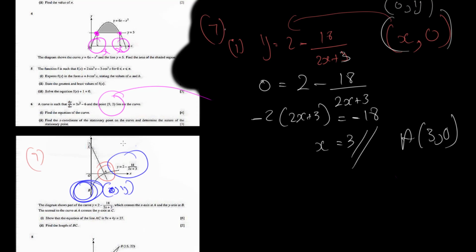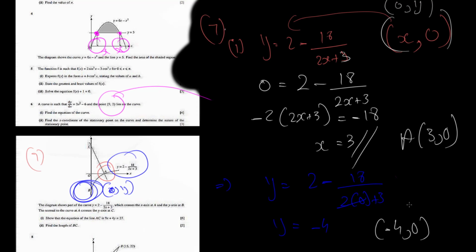So y is equal to 2 minus 18 over 2 multiplied by 0 plus 3. 2 multiplied by 0 is 0, so it will cancel off. So y will be 2 minus 18 divided by 3. If I use my calculator, 2 minus 18 by 3 is minus 4. So y is equal to minus 4. Therefore the coordinates are 0 and minus 4.